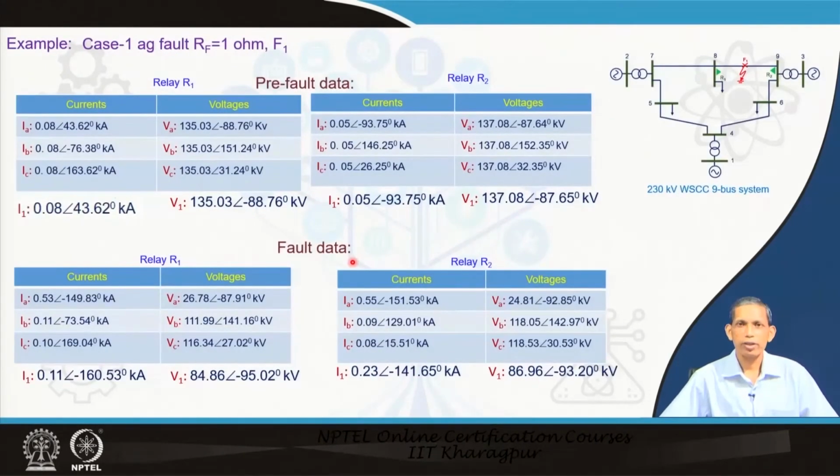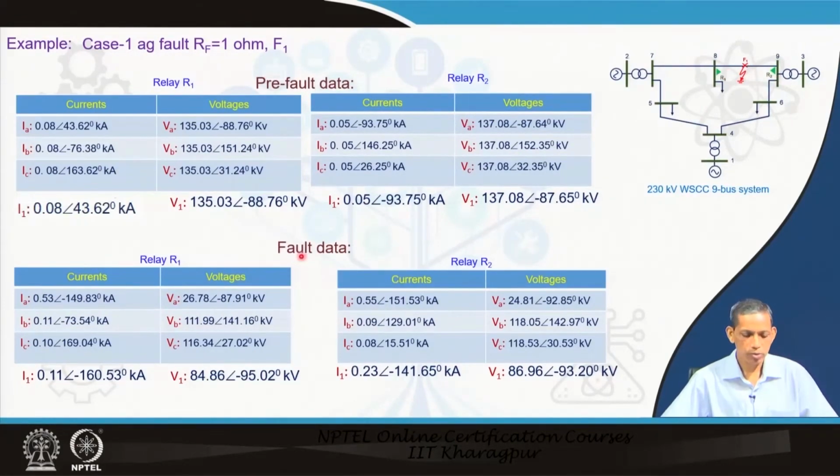Applying this concept of superimposed components to the same 9 volt system with a line to ground fault, we use the same set of data: I1 and V1 pre-fault data for R1, and for R2 I1 and V1 are these. Note that this F1 fault is a forward fault for both relays.